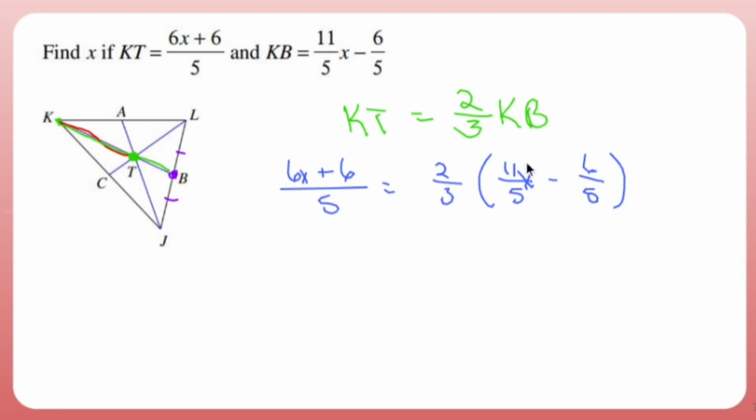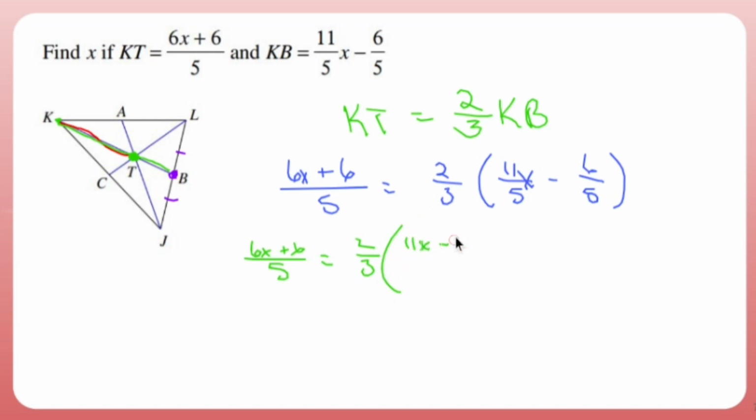To make my life a little bit easier, I'm going to combine these two. Is it necessary? No. I have (6x plus 6) over 5. Nothing's changed there. 2/3, nothing's changed there. (11x minus 6) all over 5.